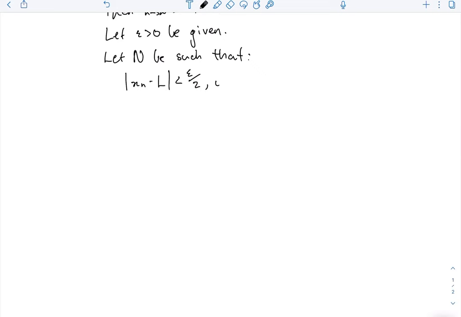We want this to be true whenever n is greater than N. So after the point capital N in the sequence, the absolute value of xn minus L is less than this bound for every point after xN in the sequence.